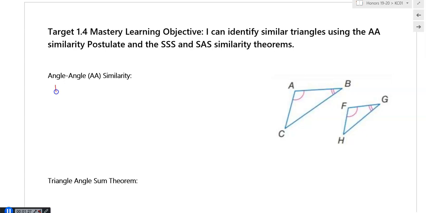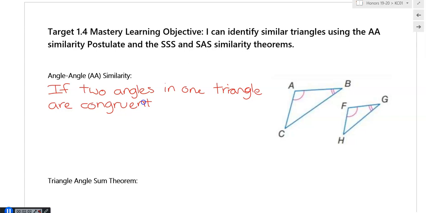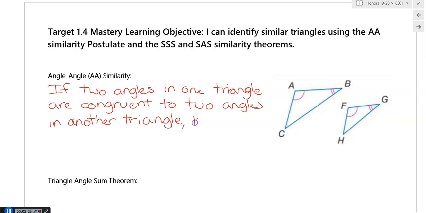Nice. So, if 2 angles in one triangle are congruent to two angles in another triangle, then the triangles are similar.